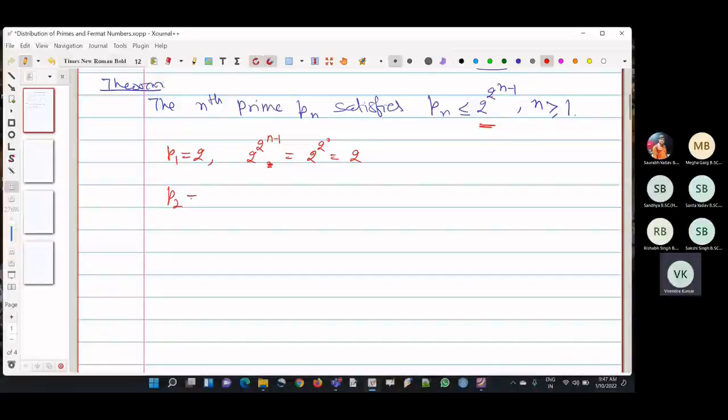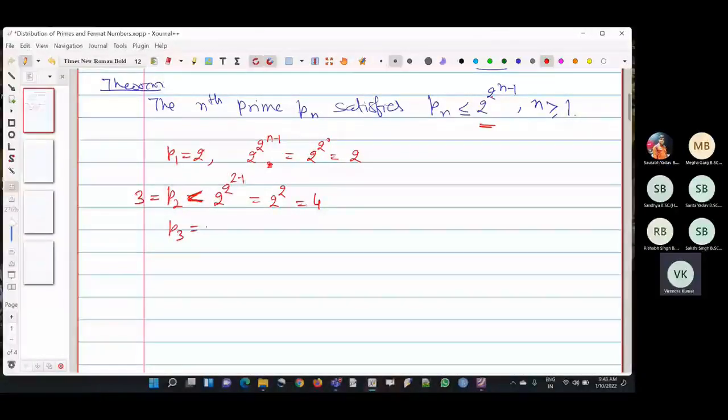So for P2, n is 2, so the exponent is 2 minus 1, and we have 2 to the power 2 here, which is 4. So P2, which is 3, is less than 4.